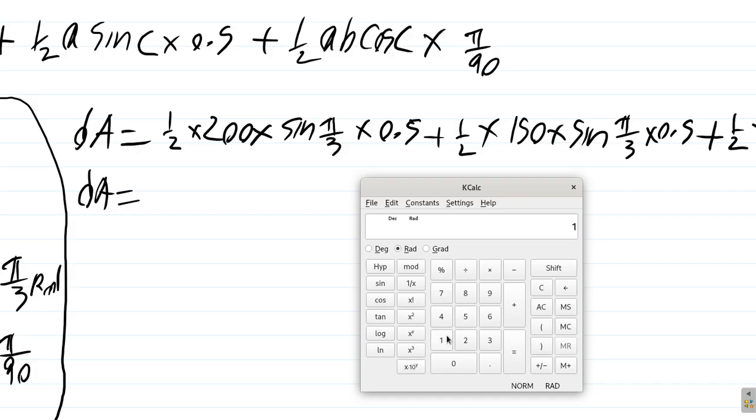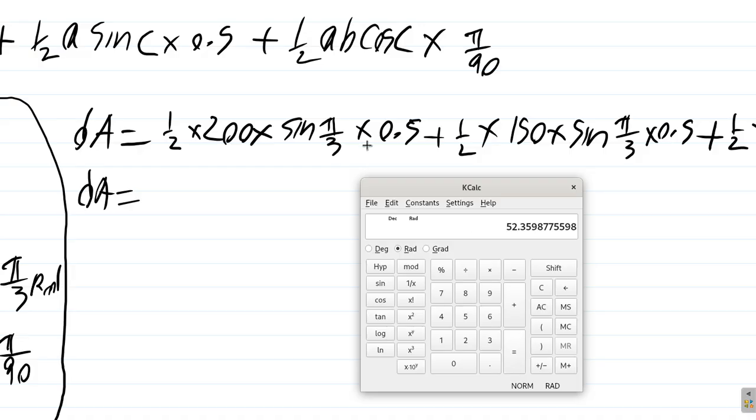Times 100 equals 104 point something, then times 0.5 equals. So in that case you have 52 point something there, right?